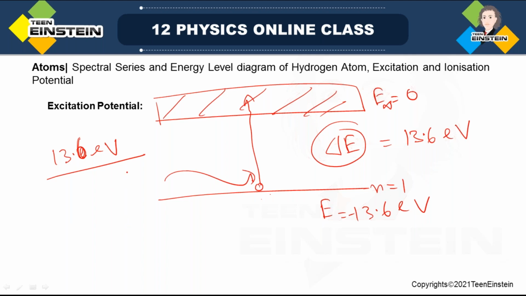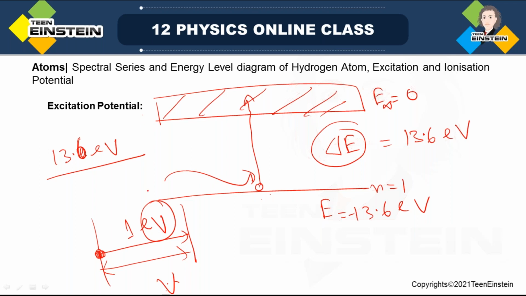Suppose I apply a certain potential V to an electron which is at rest in this region, and this region has potential V. When the electron is accelerated in this region, the electron gains a kinetic energy; that is called 1 electron volt. If this is 1 volt, then it gains 1 electron volt of energy.